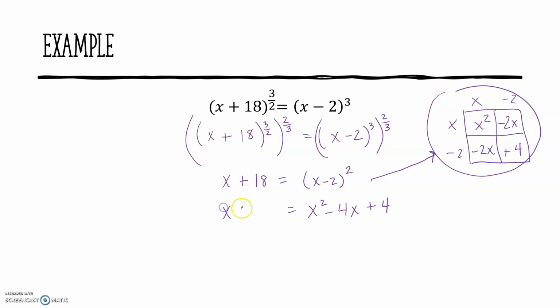And then this becomes x plus 18. I'm now solving a quadratic, so I'm going to move all my terms over to the other side so that everything is equal to 0. I'm subtracting x, so this becomes -5x. I'm subtracting 18, so this becomes -14.